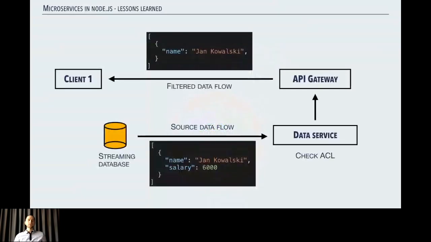So going back to that example, the first client gets that data flow constantly, but now we are also checking the access control list for that user in our data service. Of course, it might be checked in another service.